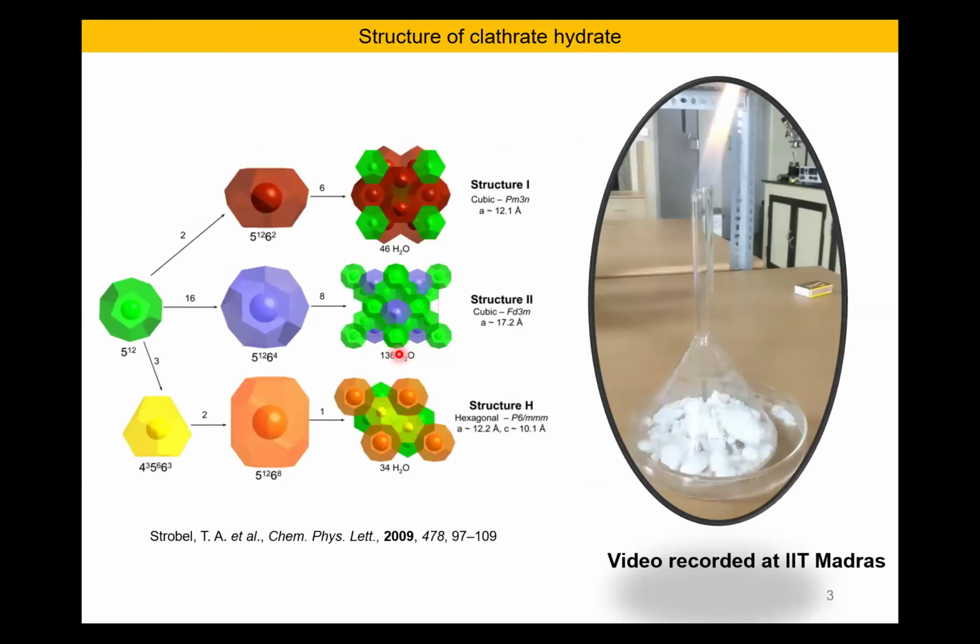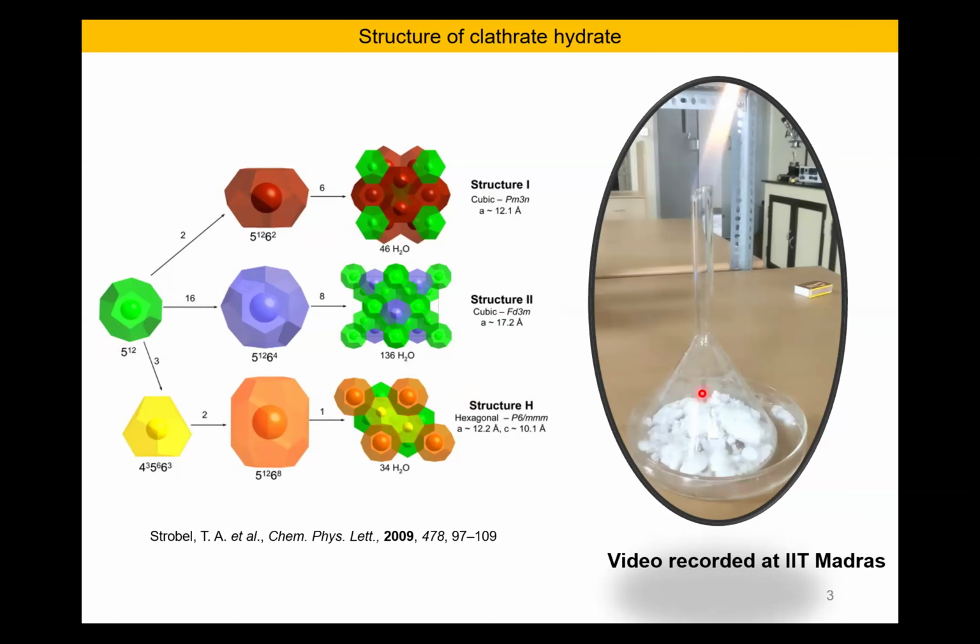So in today's date, there are 3 known structures, 2 cubic structures and 1 hexagonal structure. If you take the example of the cubic structure, it has a definite number of cages, like 2 5^12 cages and 6 5^12 6^2 cages. So in these water cages, the guest molecule is encapsulated.